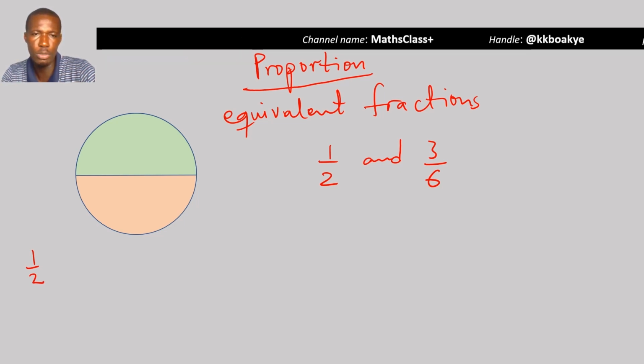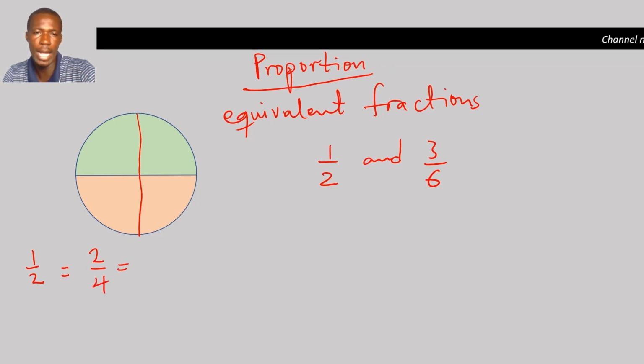If I decide to divide a circle into 4 equal parts instead of 2, the same green background, the fraction now becomes 2/4. And if I decide to divide further into 8 equal parts, the same green background becomes 4/8.